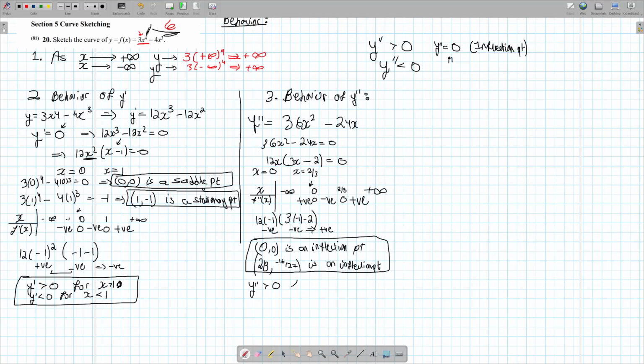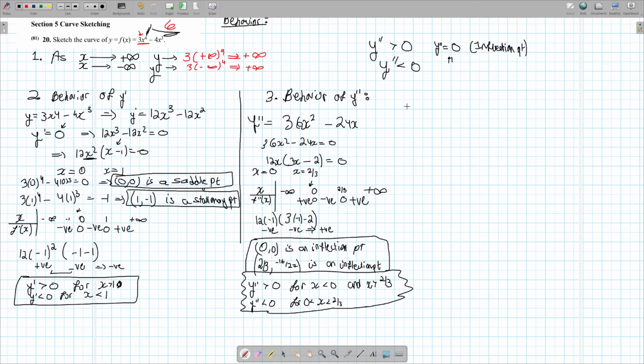So to the left of 0, for x less than 0. And after 2 over 3, for x greater than 2 over 3. When's it negative? y double prime is negative between 0 and 2 over 3, for x between 0 and 2 over 3. Okay? So we can also put a box around this.